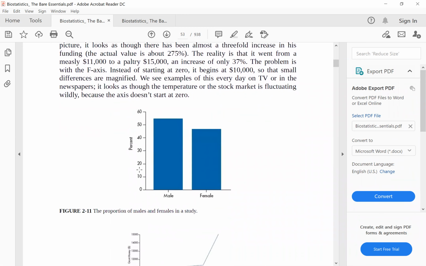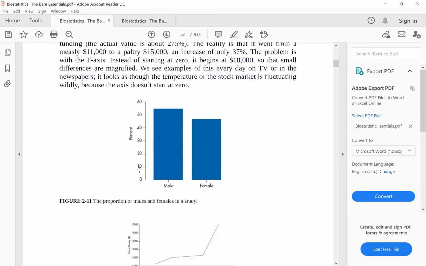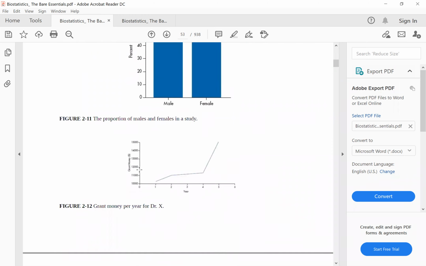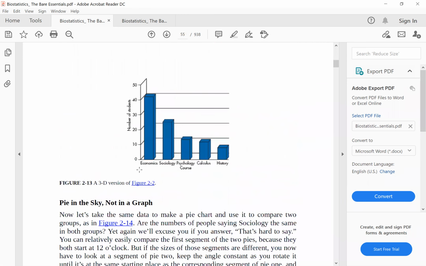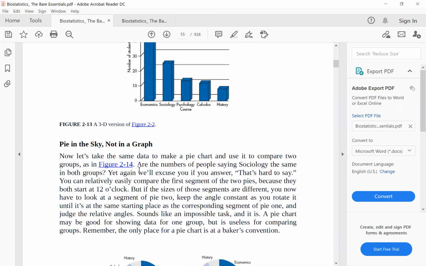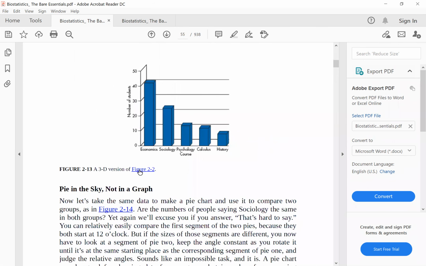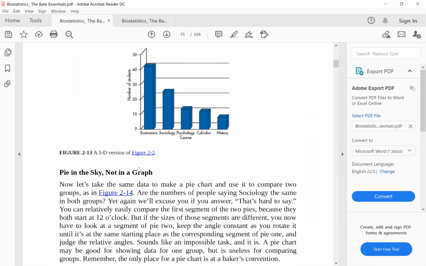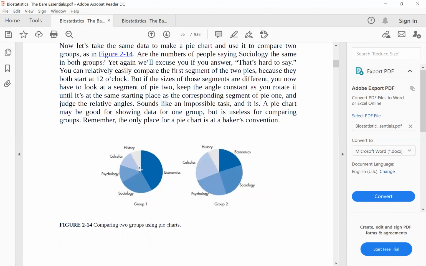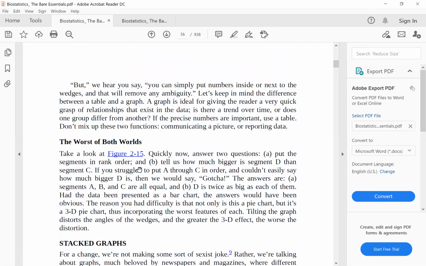So the proportion of males and females in a study, and these are comparing two groups using a pie chart.